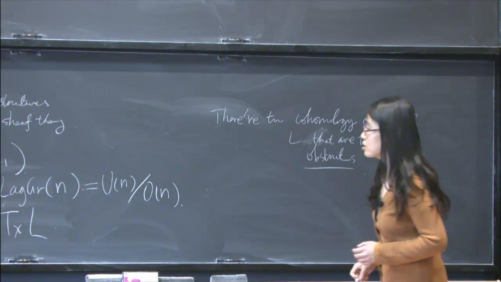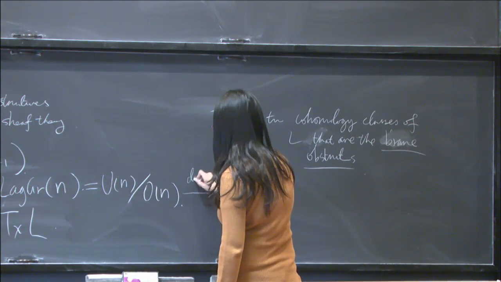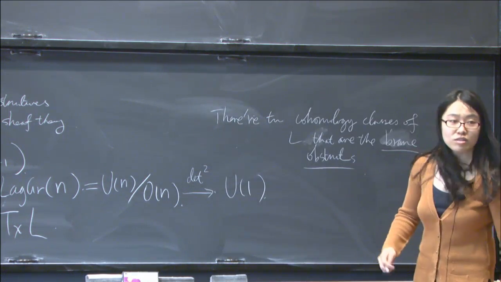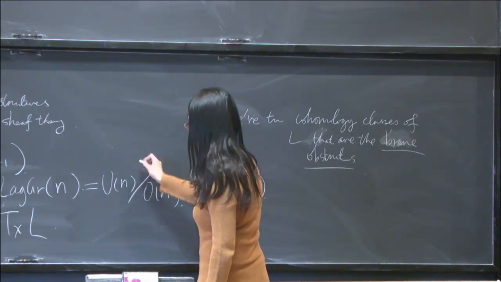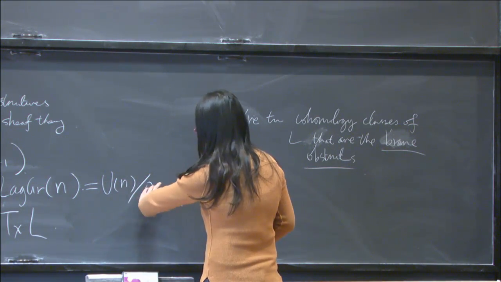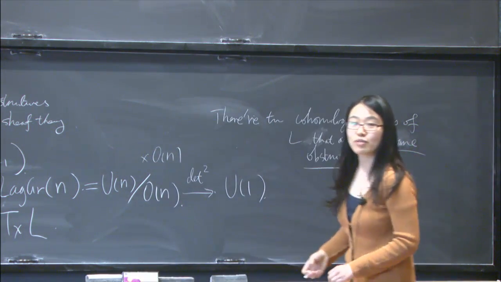So the first one is you further compose this Gauss map with the determinant squared map to U(1). Okay. This is well defined, so you just choose a representative of your class, x in U(n), and then you take the determinant square of x.